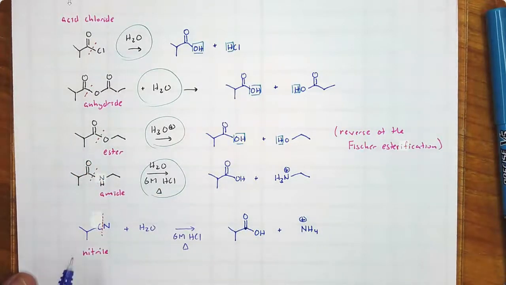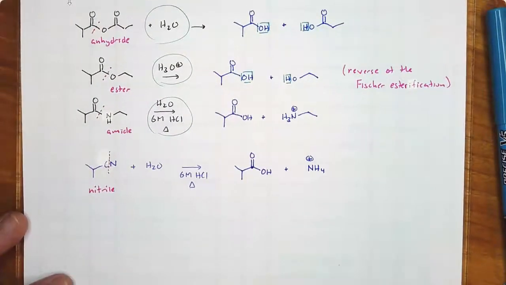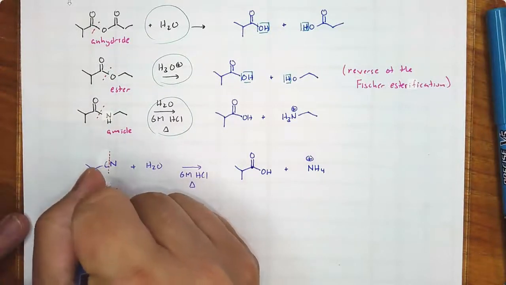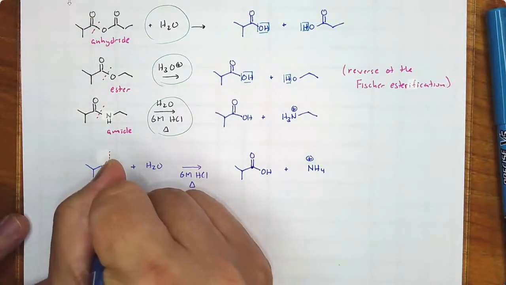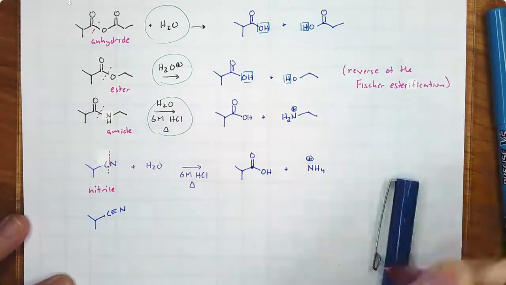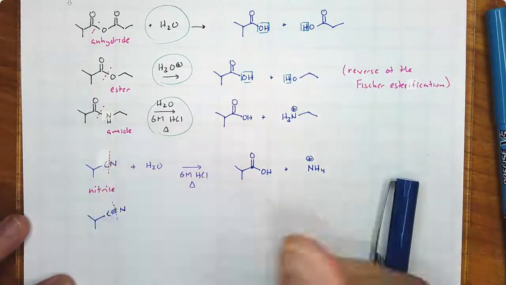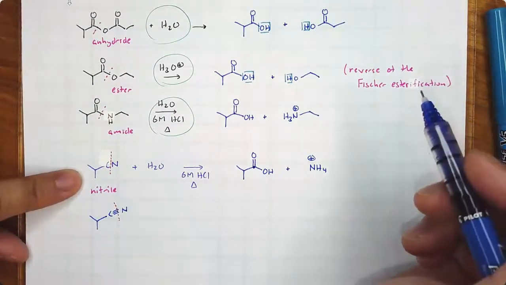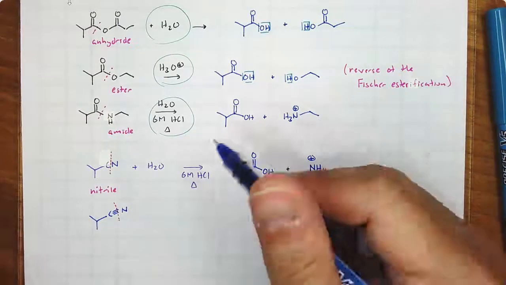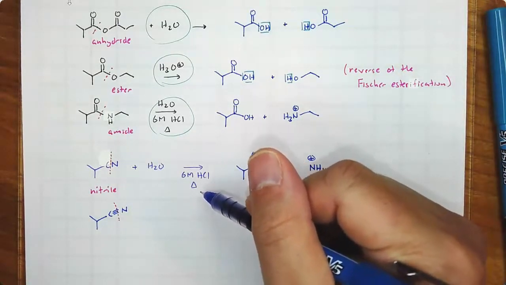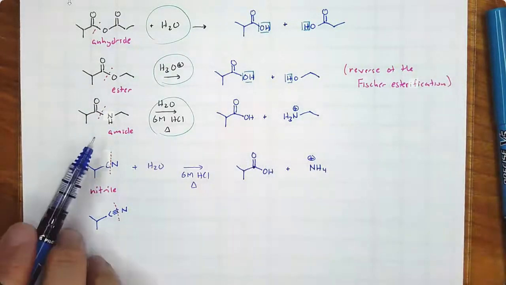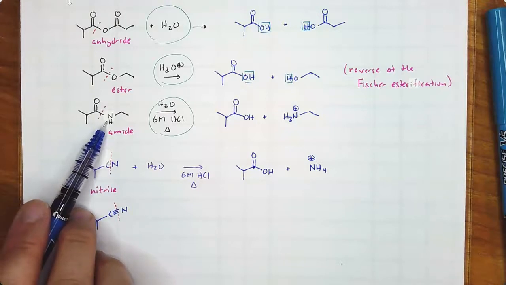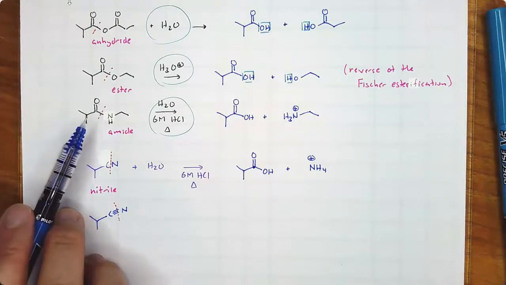And that's perfectly fine to abbreviate the nitrile group or the cyano group as CN, but as you know, the nitrile has a C triple bond N, and that is what we're breaking. If you think about the mechanism, this is just as or even more stable than an amide, so we do have concentrated HCl and heat, but also remember how we protonated this group to get it to finally leave?